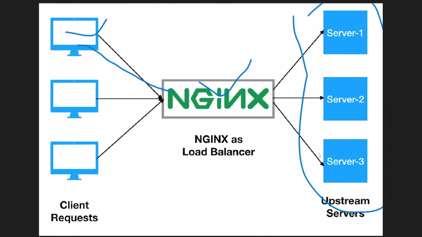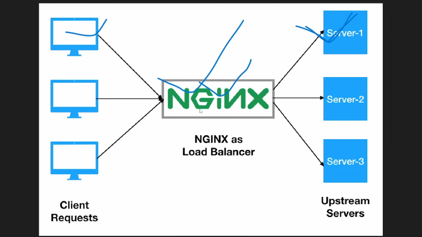It will decide if there is already load on a server, because these are servers with the same services deployed. Let's suppose you have a login service and a number of users are trying to log in, and this service has a large request load and is very busy. Then it's the work of Nginx to help us.